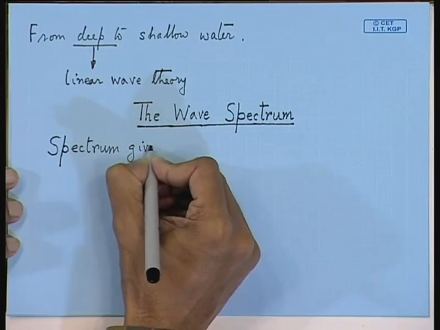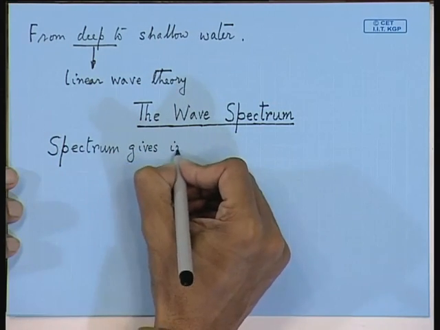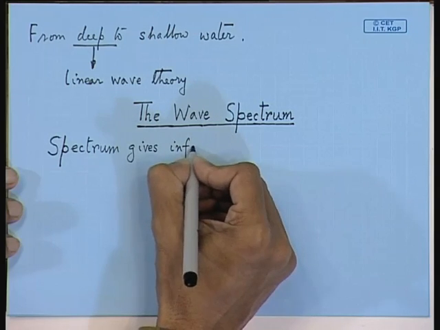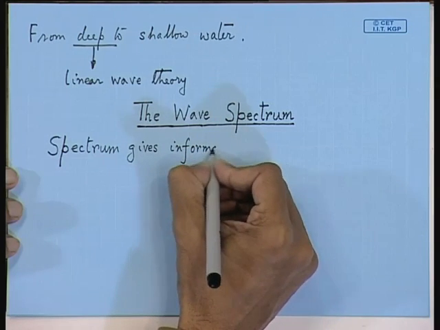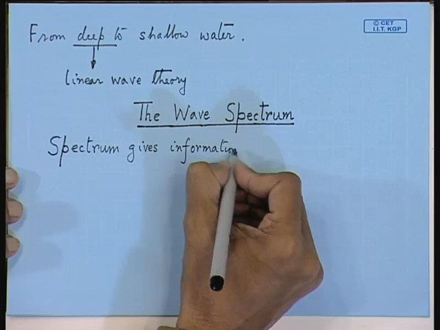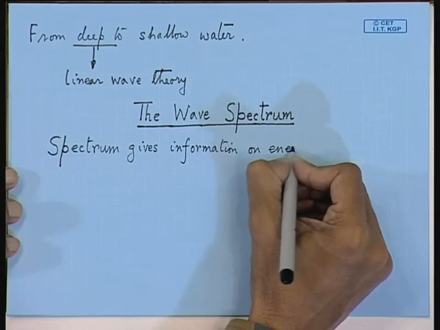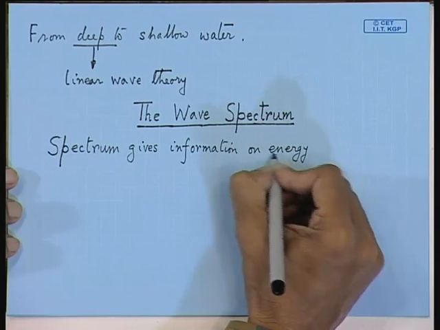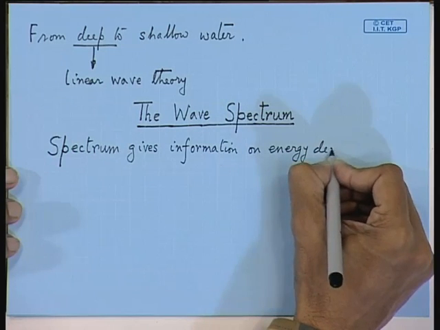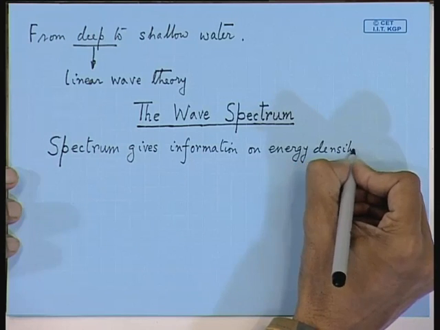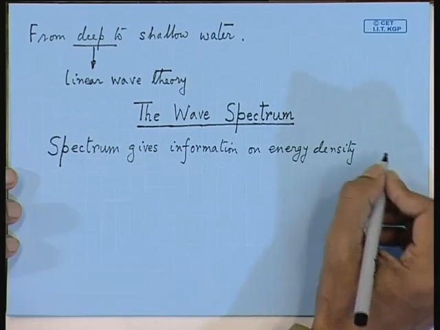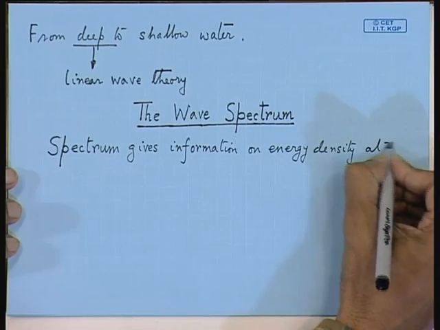Spectrum gives information on what? On energy density at a particular location on the sea surface.